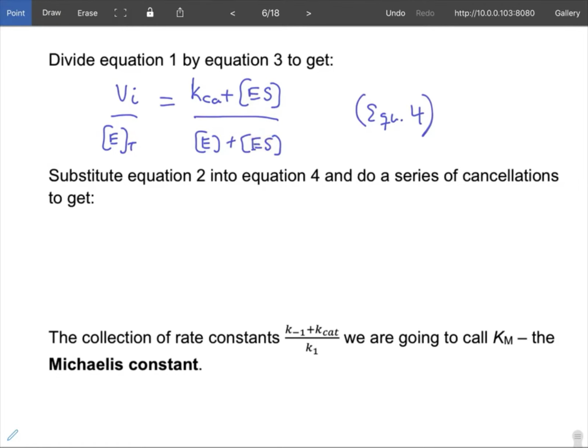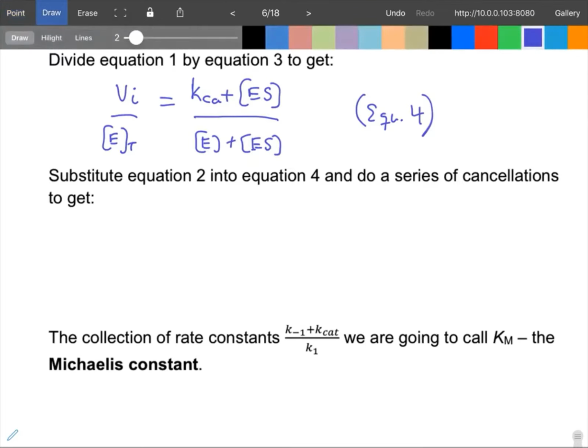So now we have this enzyme substrate complex term. We already re-expressed that earlier on. That was equation 2. So now let's substitute equation 2 in here. And there would be a series of cancellations. I challenge you to try this on your own. Put equation 2 in for ES and see if you get the same thing here. So what I end up with is, again, initial velocity divided by the total enzyme concentration equals, we still have the kcat on the top, but because of those cancellations, we just have substrate concentration.